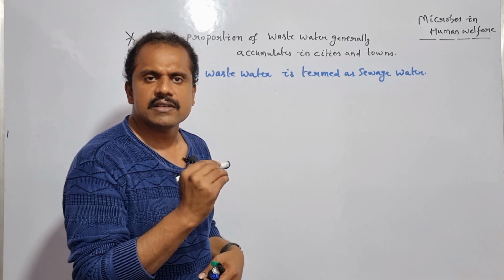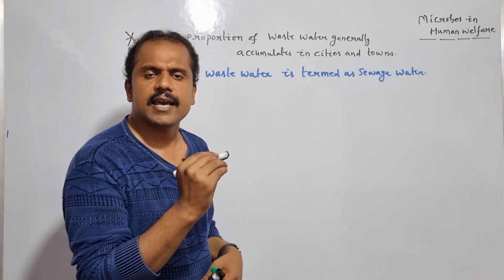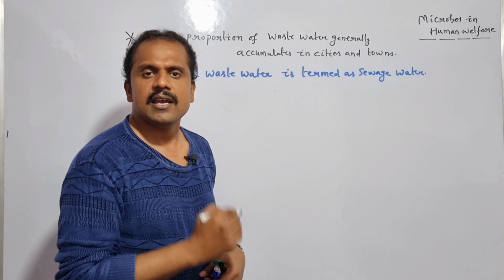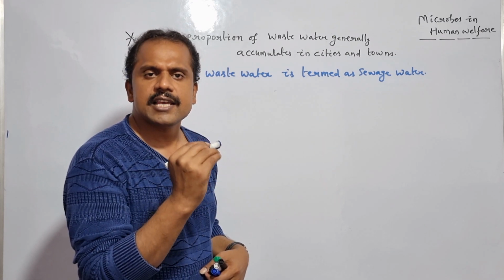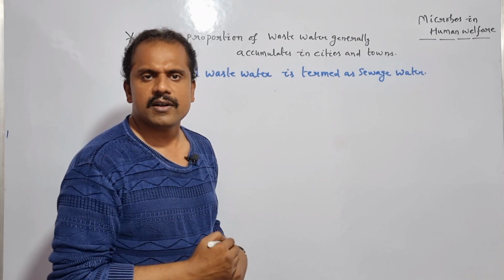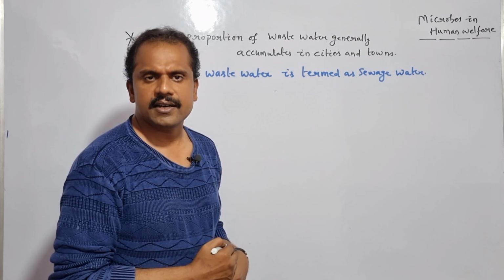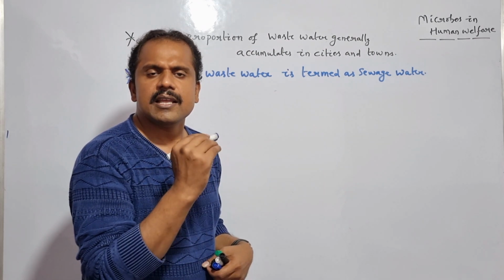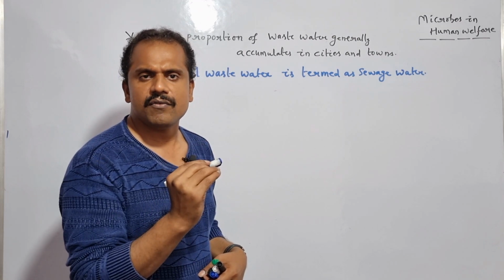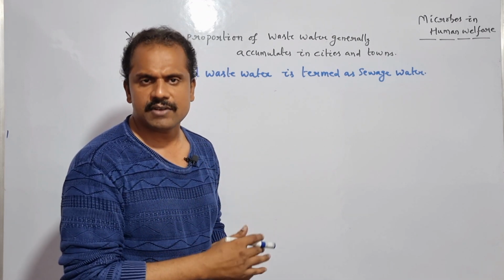If it is discharged directly into water bodies like rivers and streams, it is capable of causing many waterborne diseases and life-threatening diseases. That is the reason why sewage water is not discharged directly into rivers and streams.